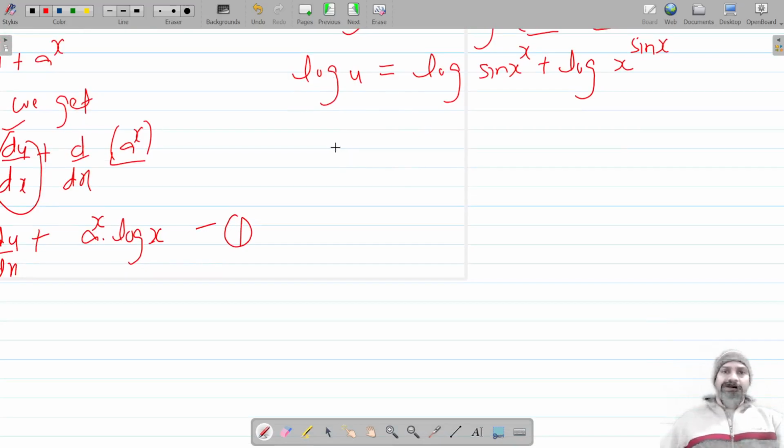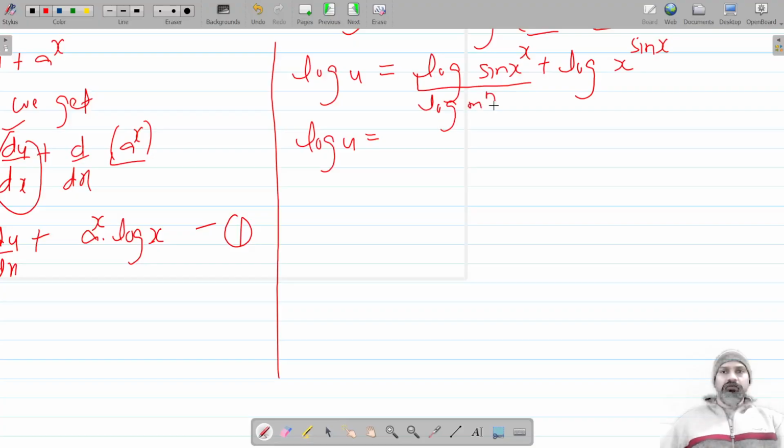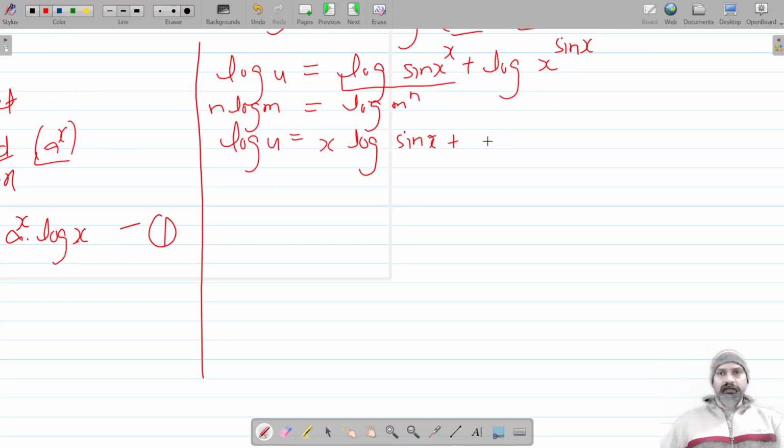Now this is of the form log m raised power n, which is equal to n log m. So I can write it as x log of sine x, and this is also of the form log m raised power n, so this is sine x into log x.